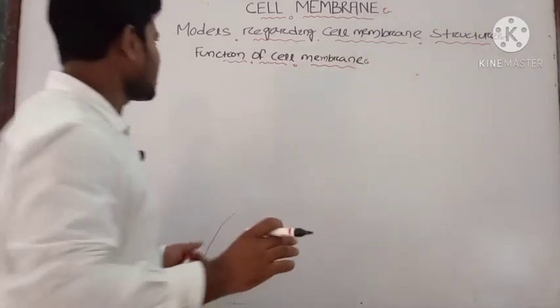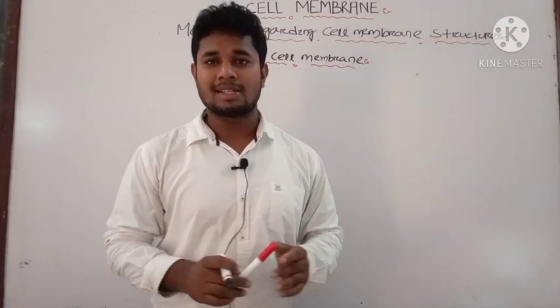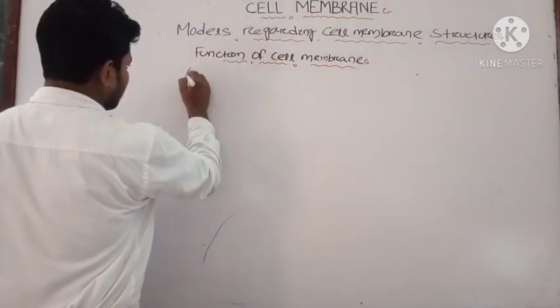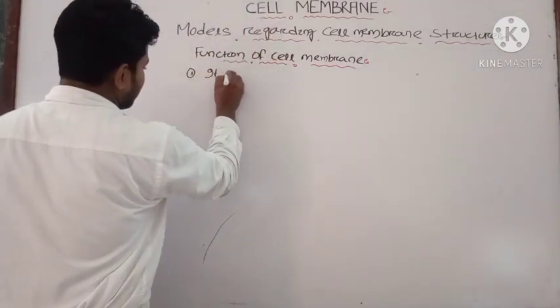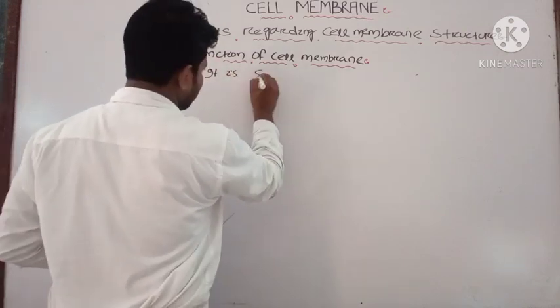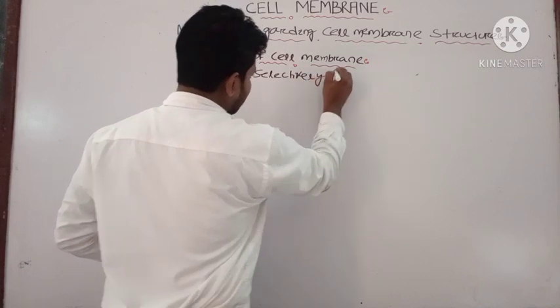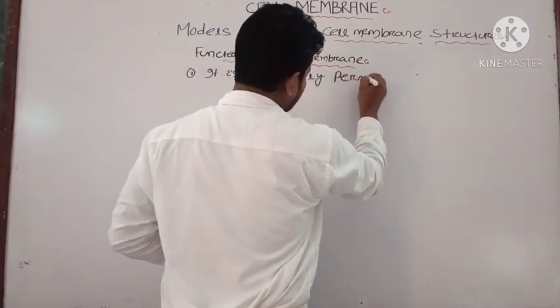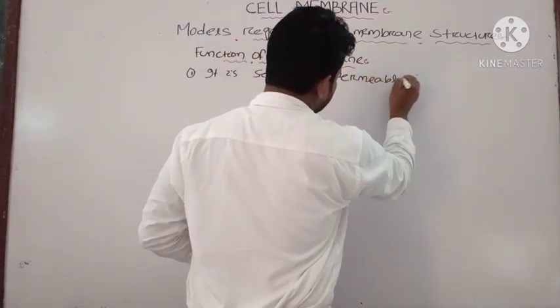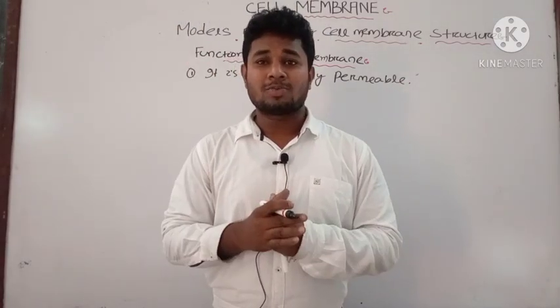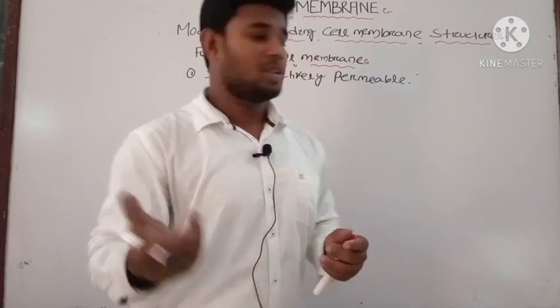Okay, let us discuss some important functions that the cell membrane is doing. One function is that it is selectively permeable. We have already discussed it. What do you mean by selectively permeable? Yes, it helps in transport of molecules of selective solutes.